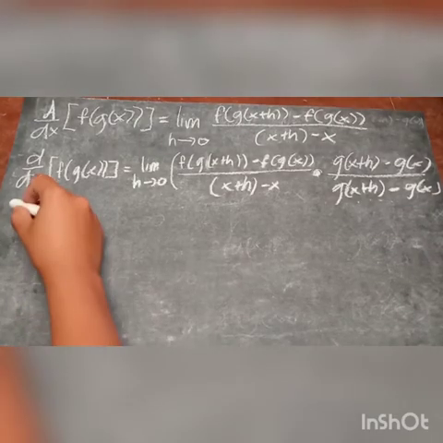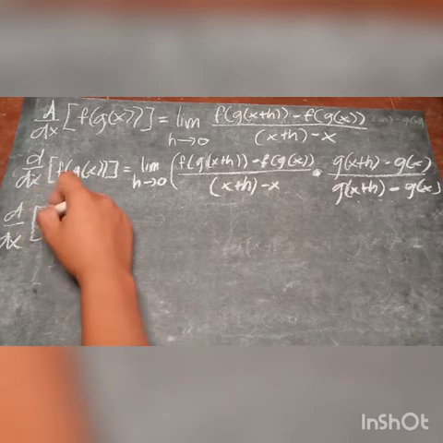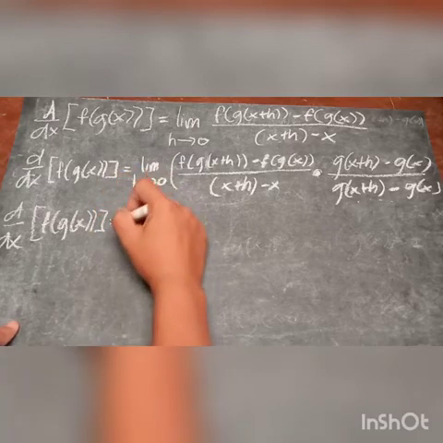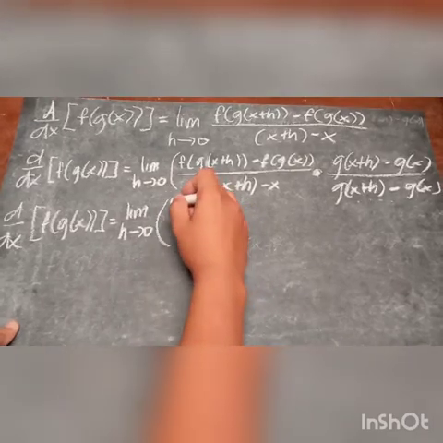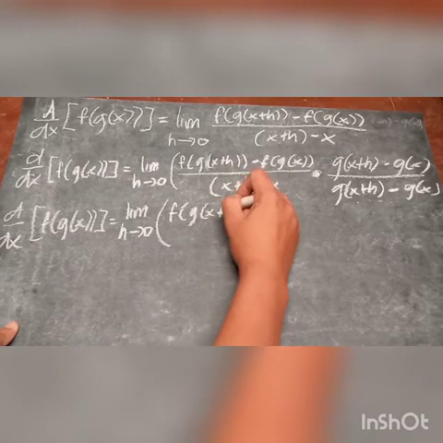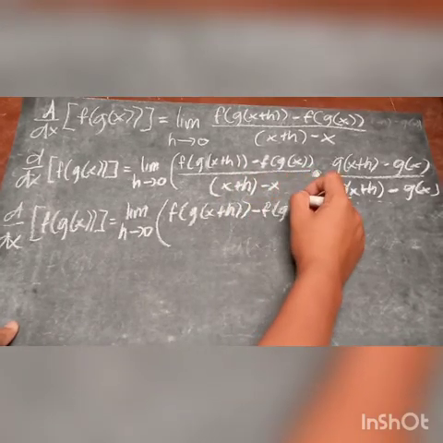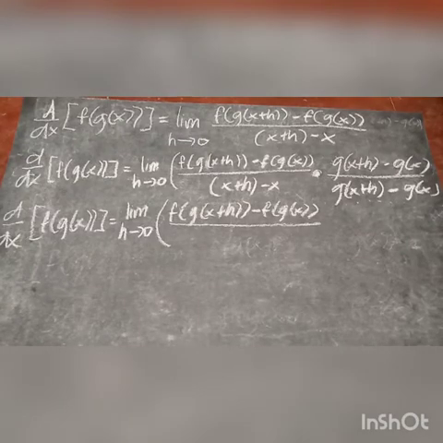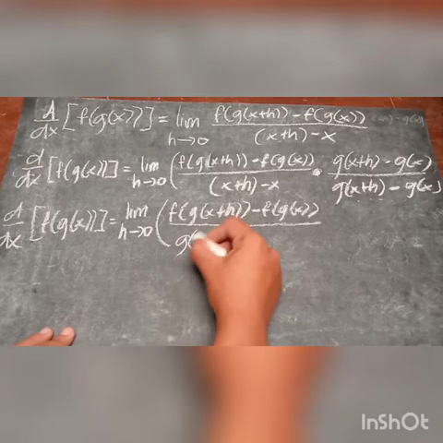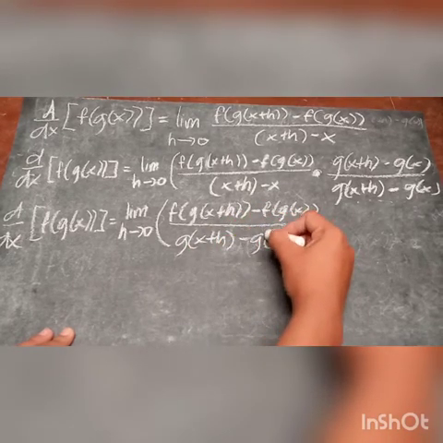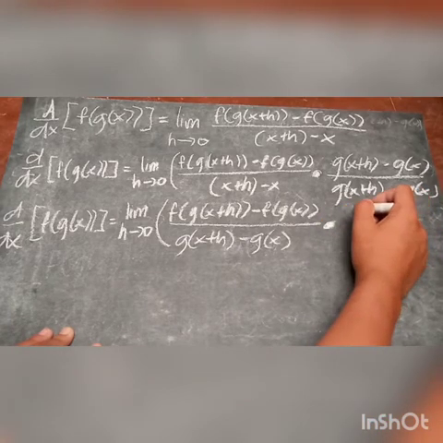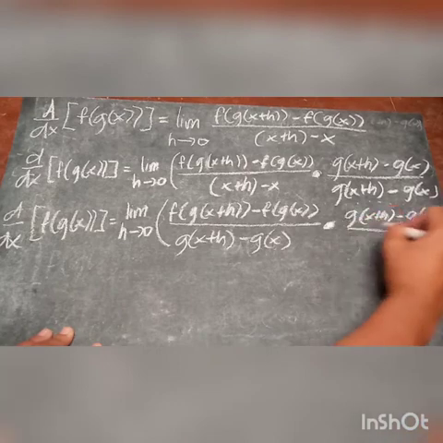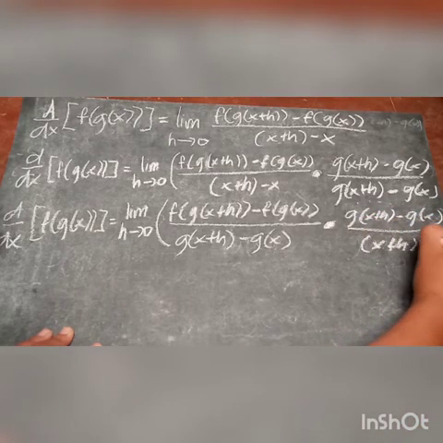So we will have the derivative of f of g of x is equal to the limit as h approaches 0 of f of g of x plus h minus f of g of x over g of x plus h minus g of x, times g of x plus h minus g of x over x plus h minus x.